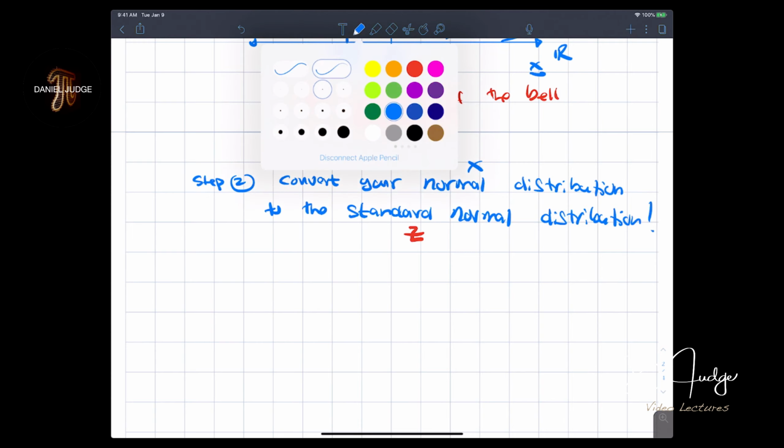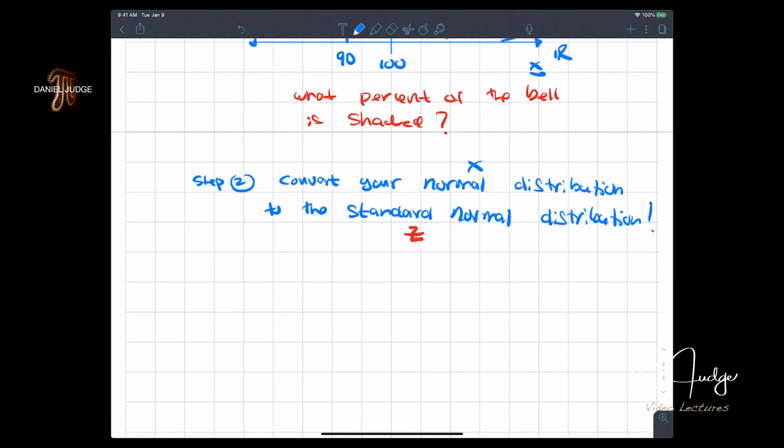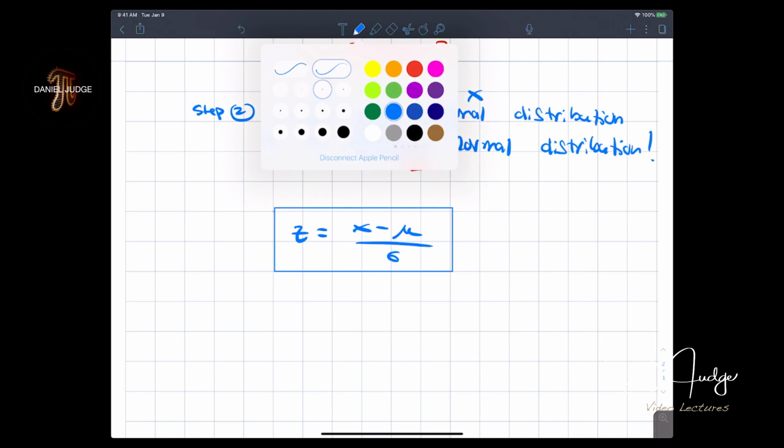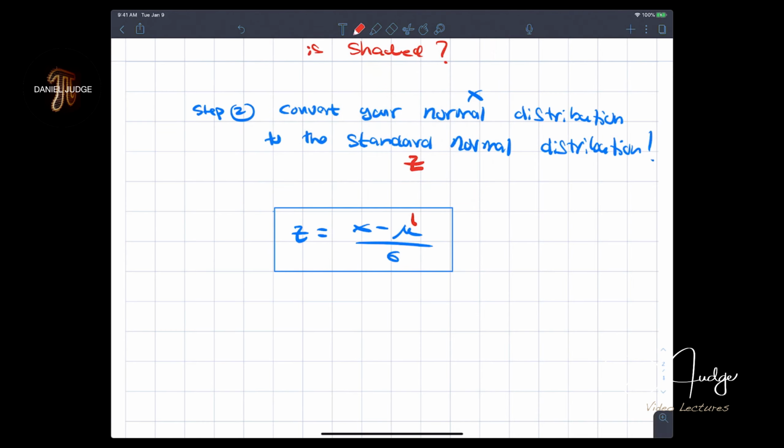So you say, well, how do I do that? You guys already know. You're going to use the z formula here to do that, right? This is z equals x minus mu over sigma. This is the conversion formula. In this example, mu is 100 and sigma is 15.